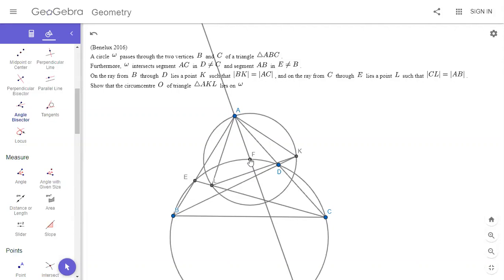So BE is equal to CF. BK is equal to AC. So I think BFD might be congruent to CAK. Is that true? No, that's not true.